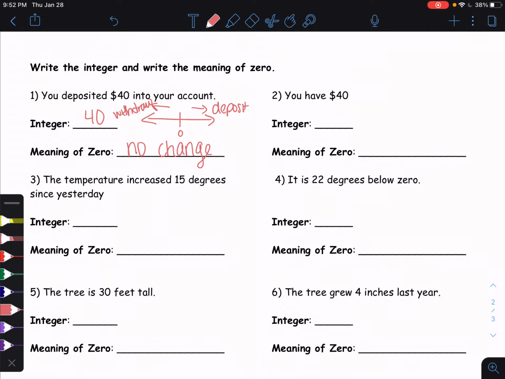Okay. For number 2, it says you have $40. So again, positive 40. And then the meaning of 0 in this situation is going to be $0.